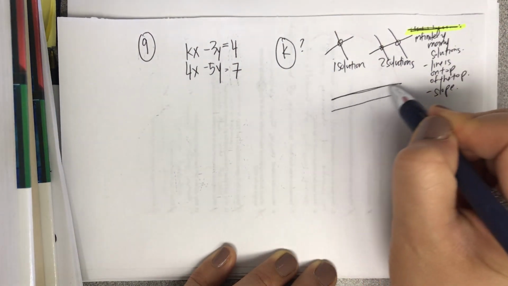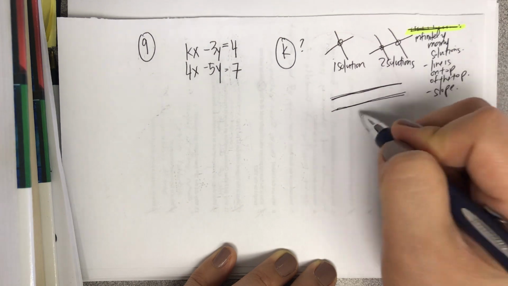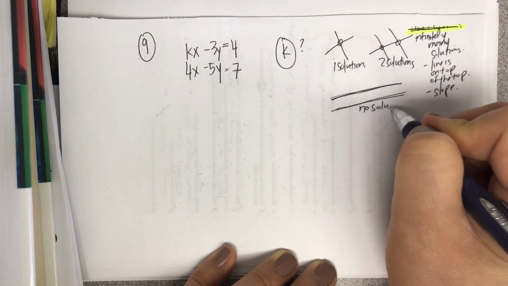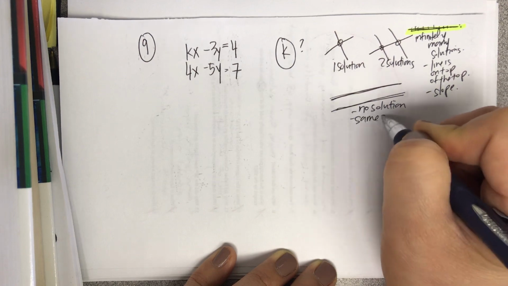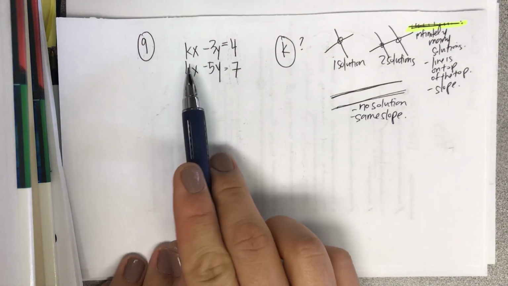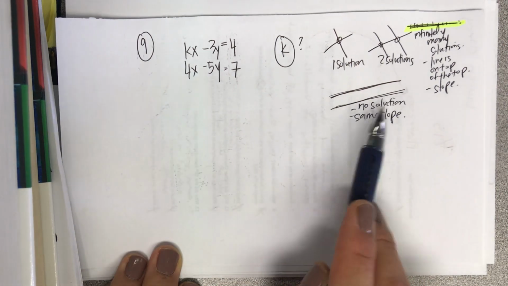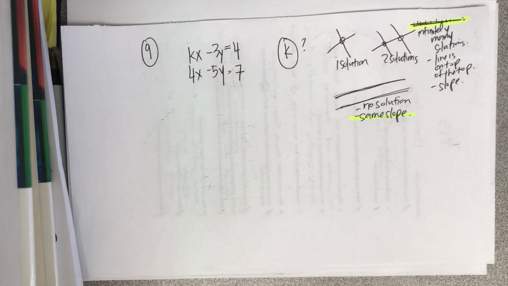But if it absolutely has no solution, that's saying that they will never cross. And when it says no solution, that also means that they have the same slope. Okay, and so now I know that they're going to have the same slopes. That is established, so I'm going to highlight that.